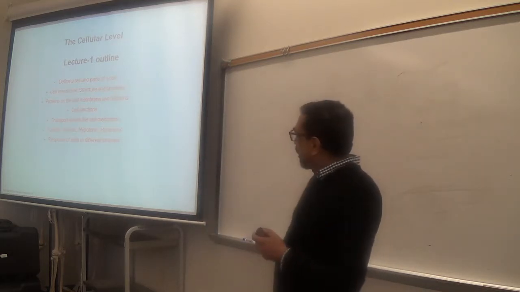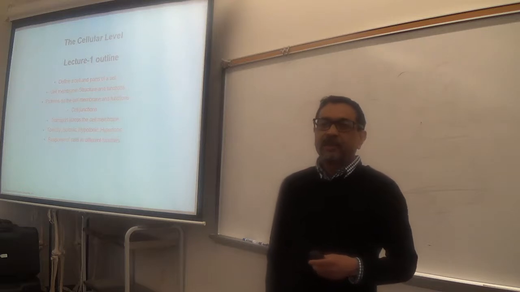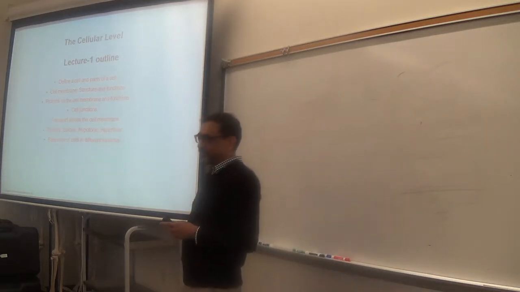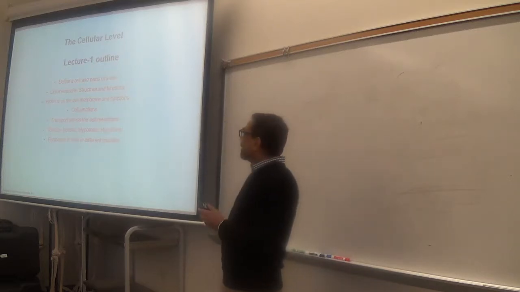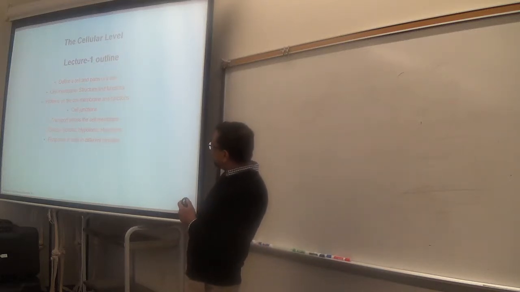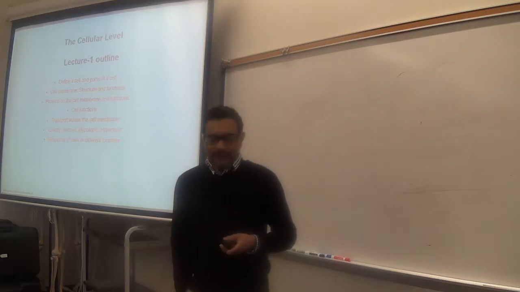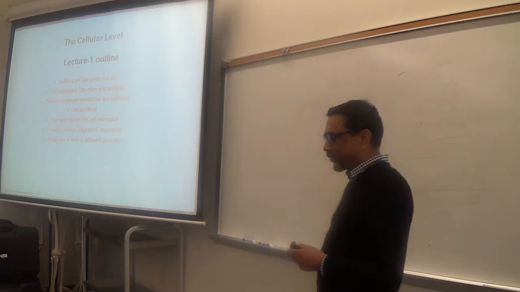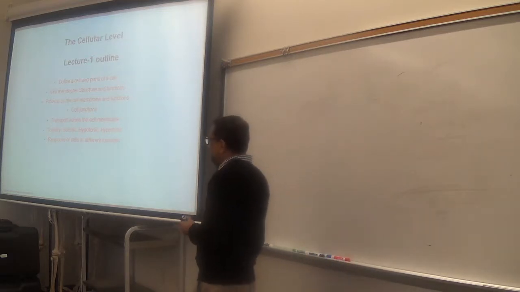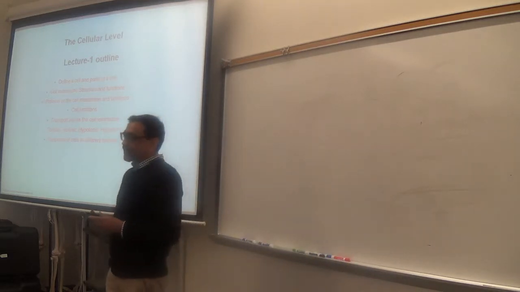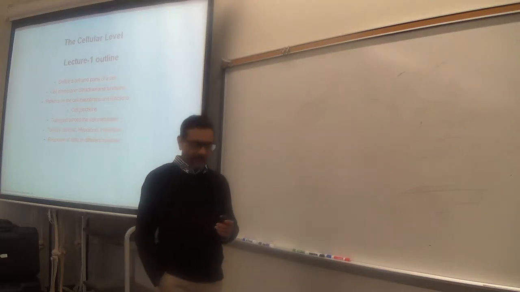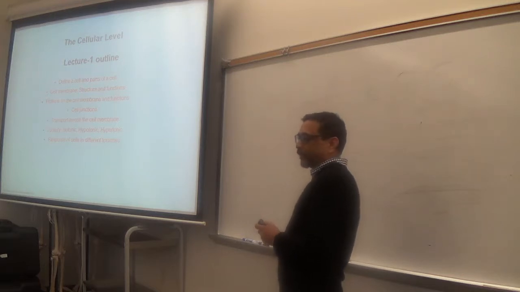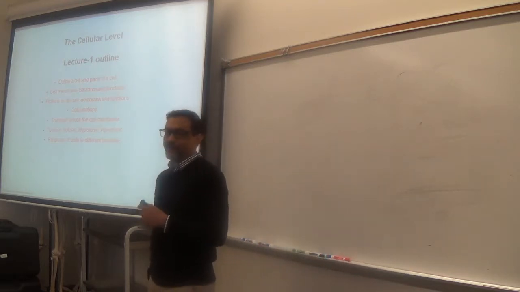Now, first we'll see what is a cell. How to define a cell. Then we'll talk about the parts of a typical cell. We'll talk about the cell membrane, structure of the cell membrane, transport across the cell membrane.